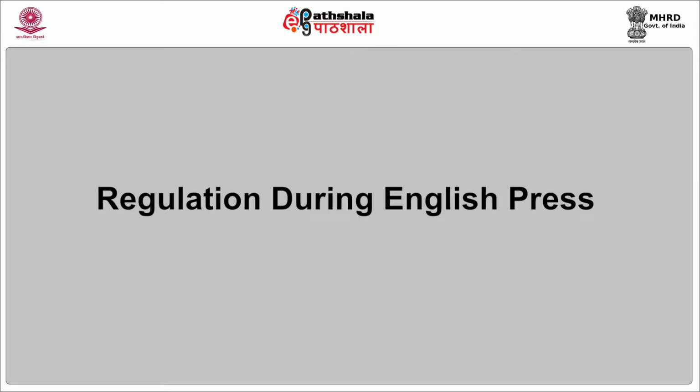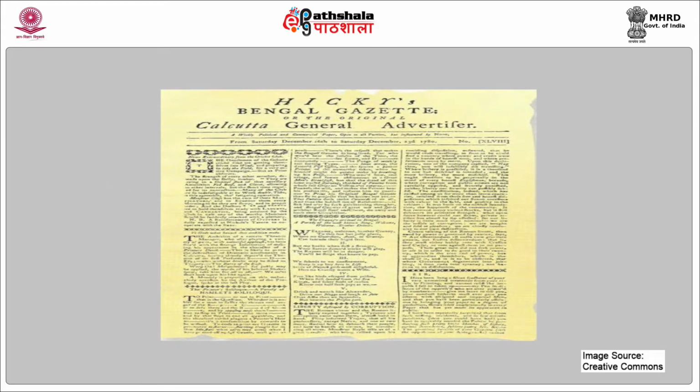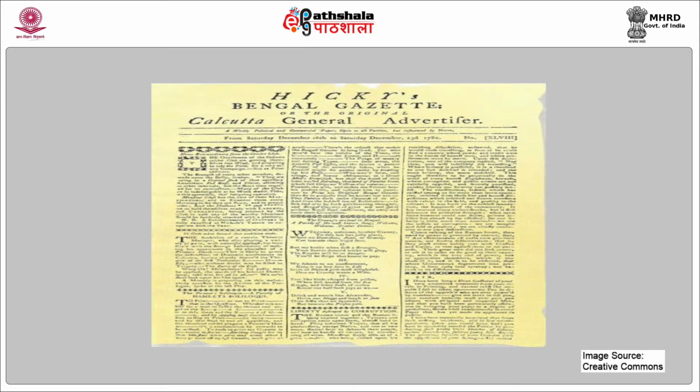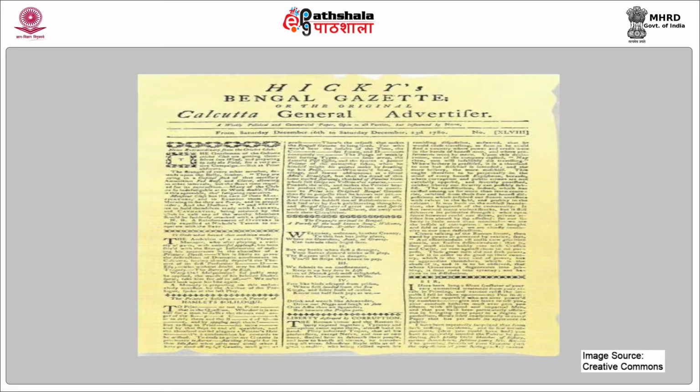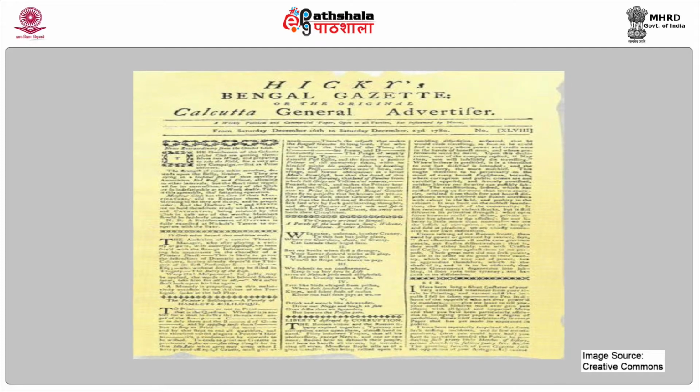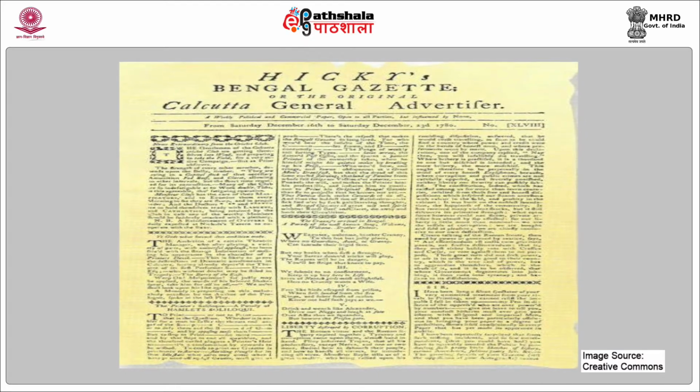Regulation during English press. India did not witness any newspaper before 1780. The British in India therefore relied on imported newspapers from England, which took almost 9 months or a year to arrive in India.